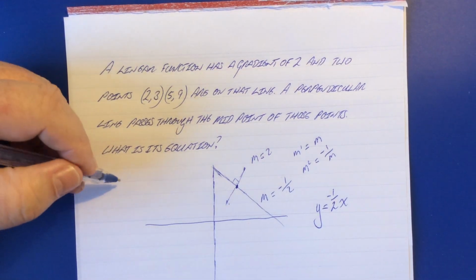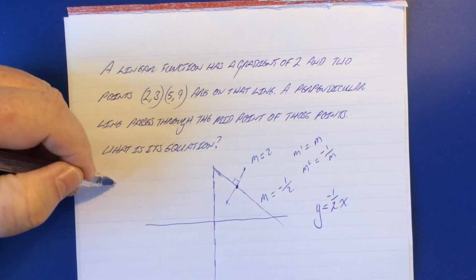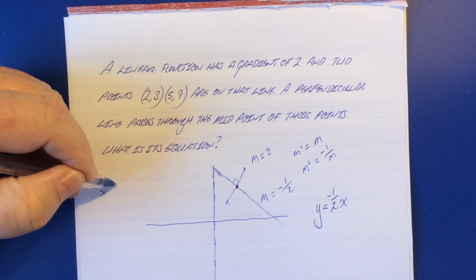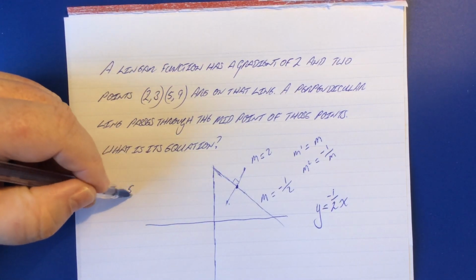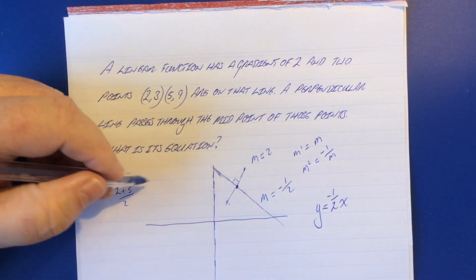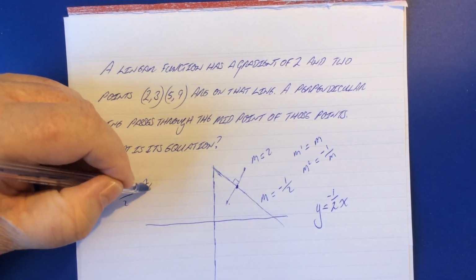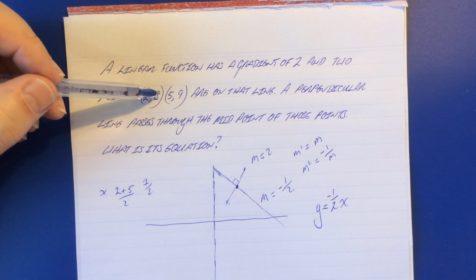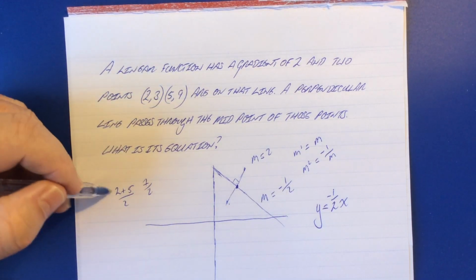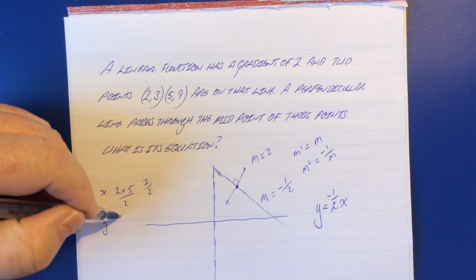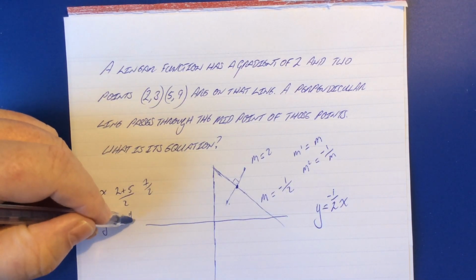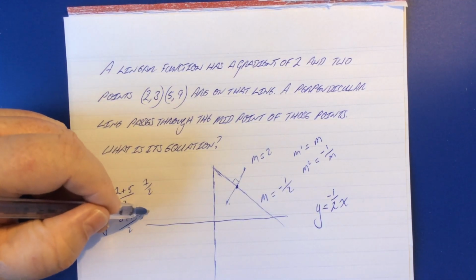So how do we find that midpoint? Well, the x value of the midpoint will be 2 plus 5 over 2. So that is 7 over 2. And the midpoint of the y coordinates will be 3 plus 9 over 2, which equals 6.